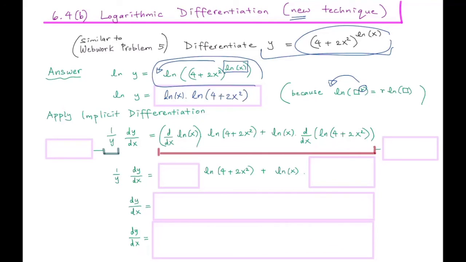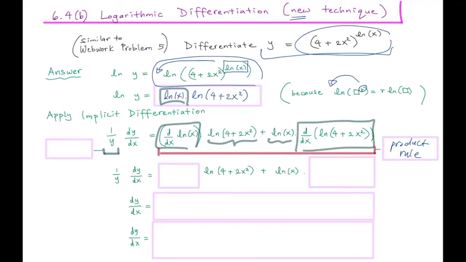And now this is good because I know how to differentiate this. This is something where I can use the product rule. So first I take the derivative of the first part and multiply that with the second part, plus the first part and then the derivative of the second part.